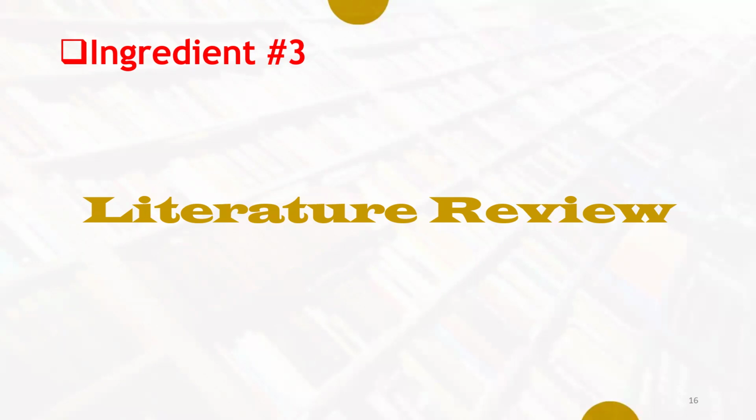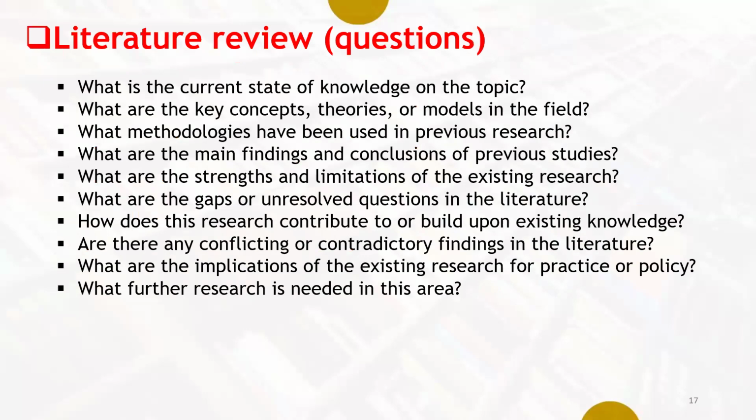To help you achieve that and write a quality literature review, there are a series of questions you will have to ask to guide your synthesis of existing literature. Let me quickly run you through these questions. What is the current state of knowledge on the study?